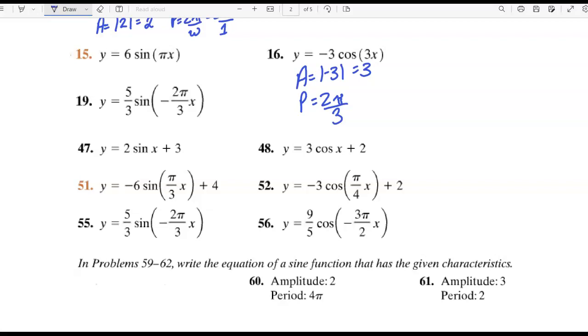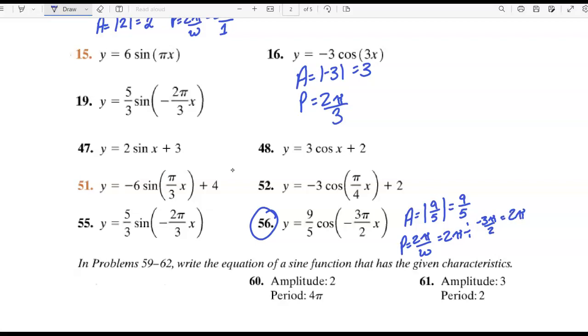And let's do one more. Let's look at 56. So 56 amplitude would be the absolute value of 9/5, which is just 9/5. Okay, so that's that height. Period is 2 pi divided by omega. So we're going to have 2 pi divided by -3 pi over 2.